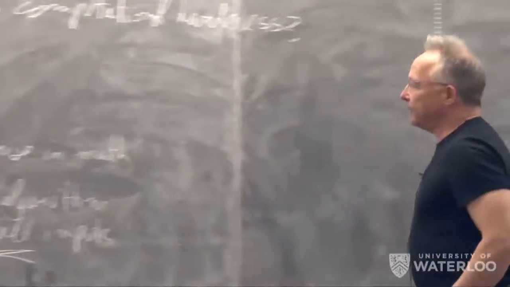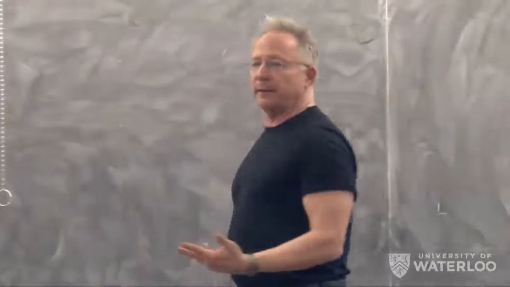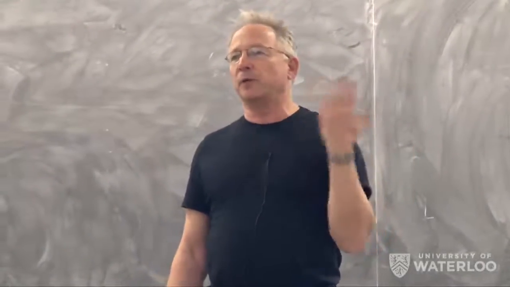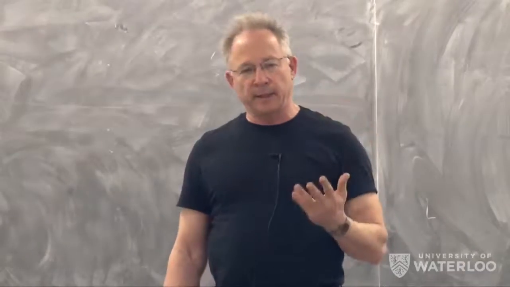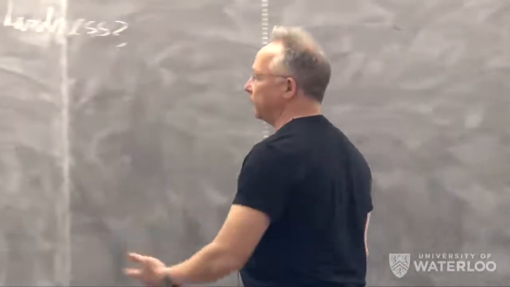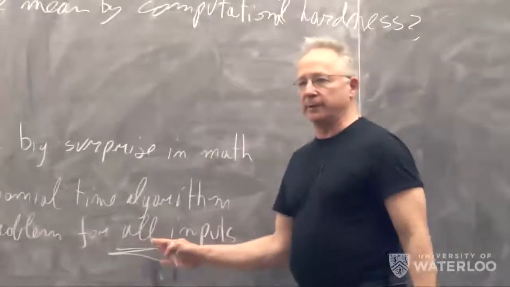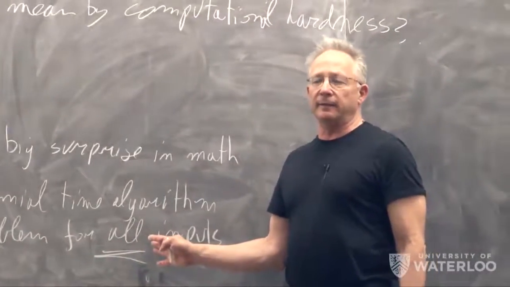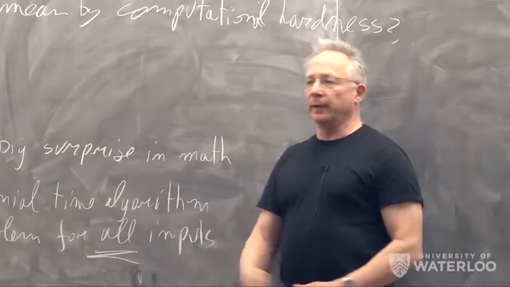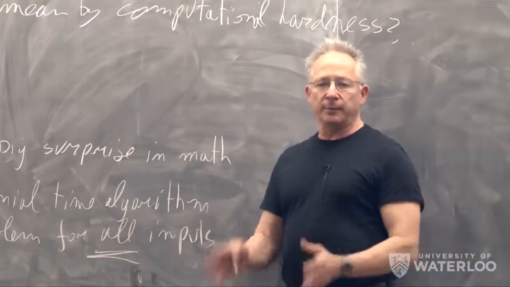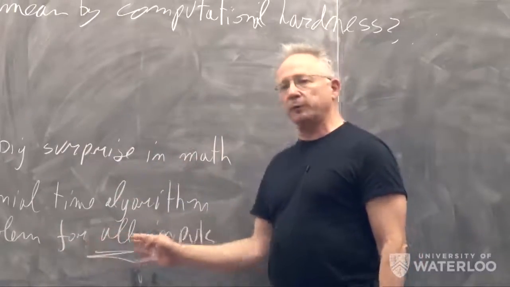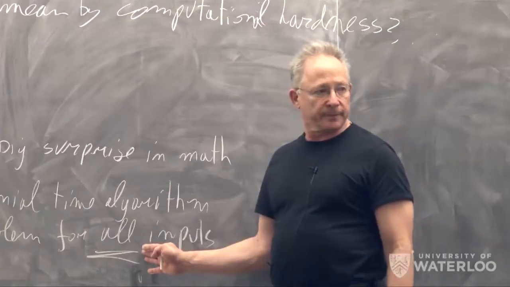So the NP hardness is some kind of a theoretical guarantee. It says the problem is as hard as many other problems that we don't know how to solve. But when we say there is no algorithm that solves this problem for all inputs, it does not necessarily mean that there is no algorithm that will solve the problem on many inputs or on any input we care about. It just means that, assuming there is no big surprise, there is no algorithm that will solve the problem for all inputs.